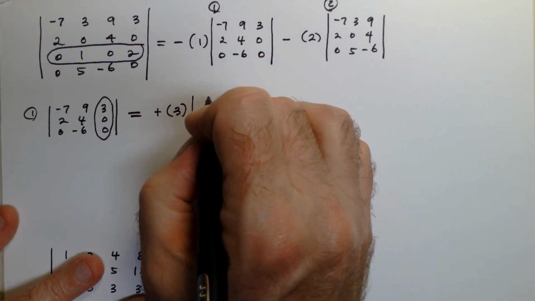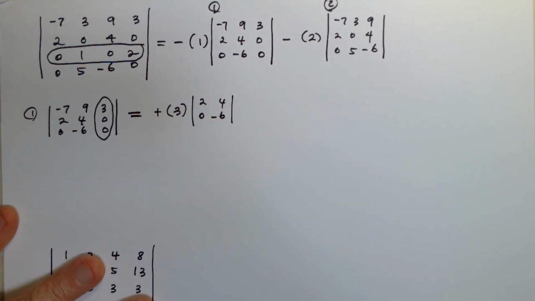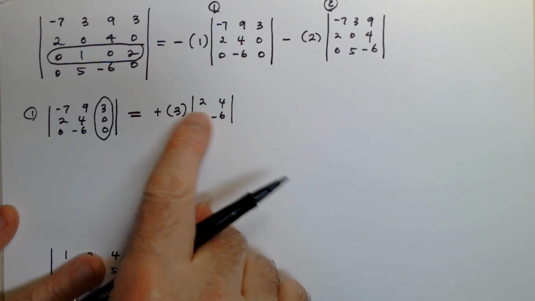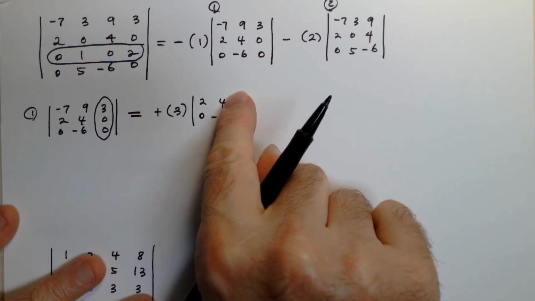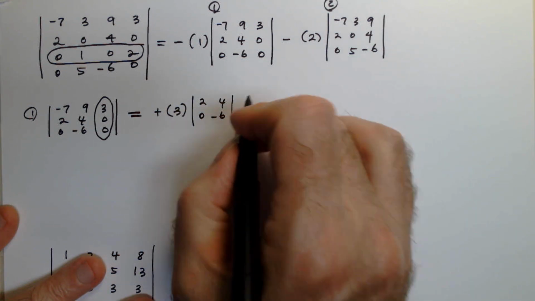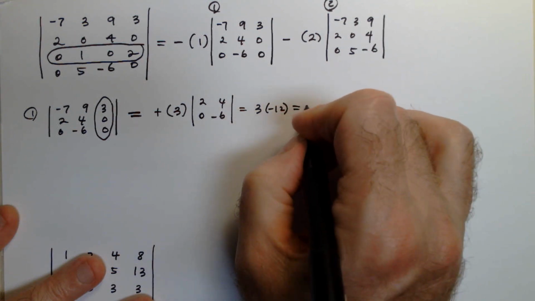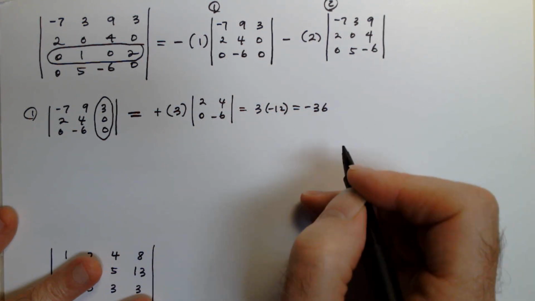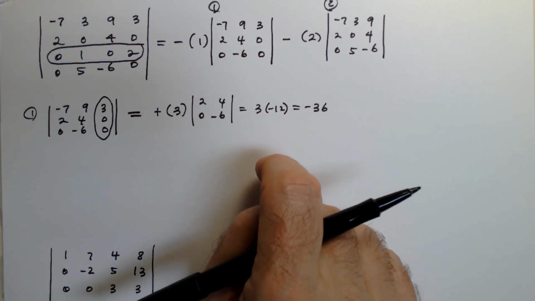So 2, 4, 0, -6. Okay, now the determinant of this 2 by 2 can be calculated very easily. That's going to be -12 minus 0. So that's going to be 3 times the -12, or -36. So that's the value of this 3 by 3 determinant, -36.